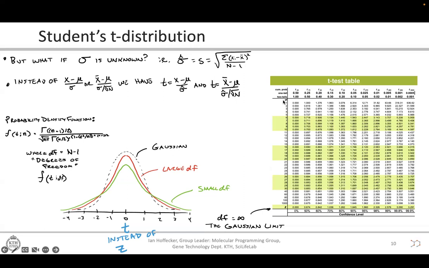And depending on your df value, you're going to look up different values. So here we have, going down in this column, values of df, 1, 2, 3, 4, etc. And that's going to influence what area you're computing. So if we want a 95% confidence, for example, depending on df, this is going to give us the number of standard deviations that we need to use then for 95% confidence.